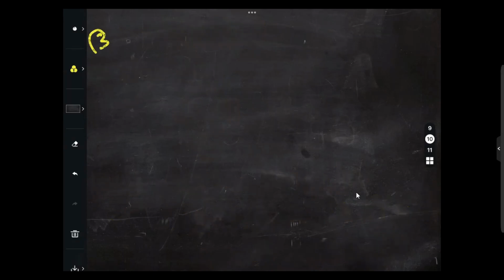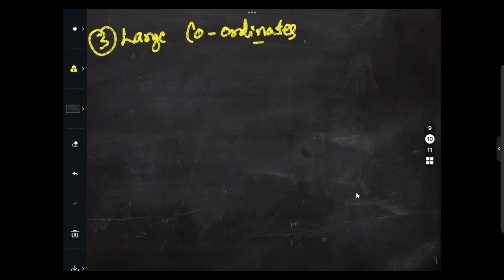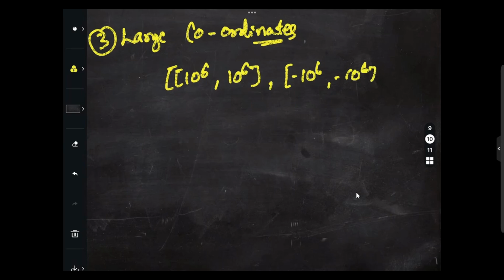Let's move on with the final edge case or the third edge case, large coordinates. I'll just give here large coordinates. This is for the condition large coordinates. In this case, input let me consider here 10 to the power of 6 or 10 to the power of 6. Accordingly with the constraints we are considering minus 10 to the power of 6 and minus 10 to the power of 6. This is fine.